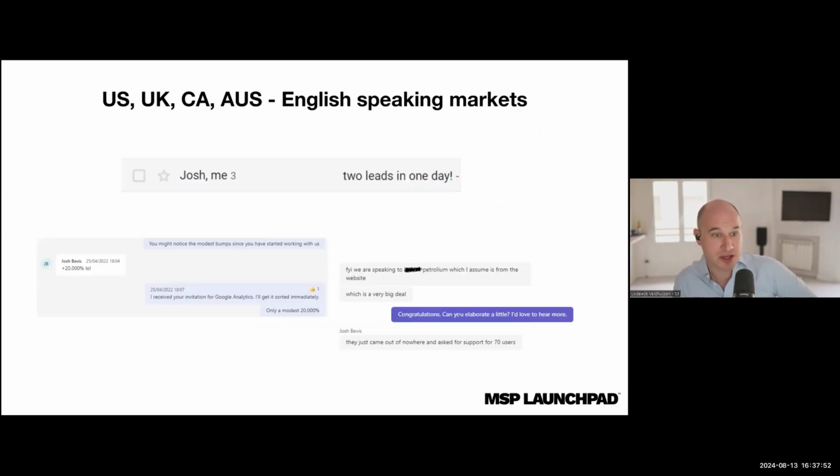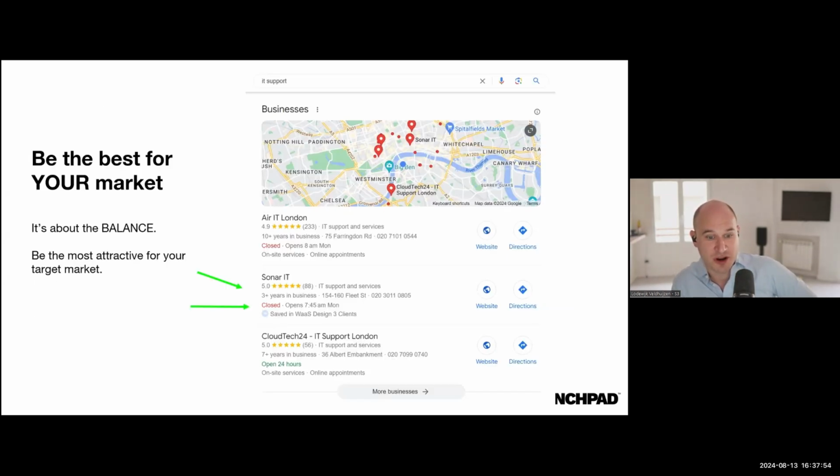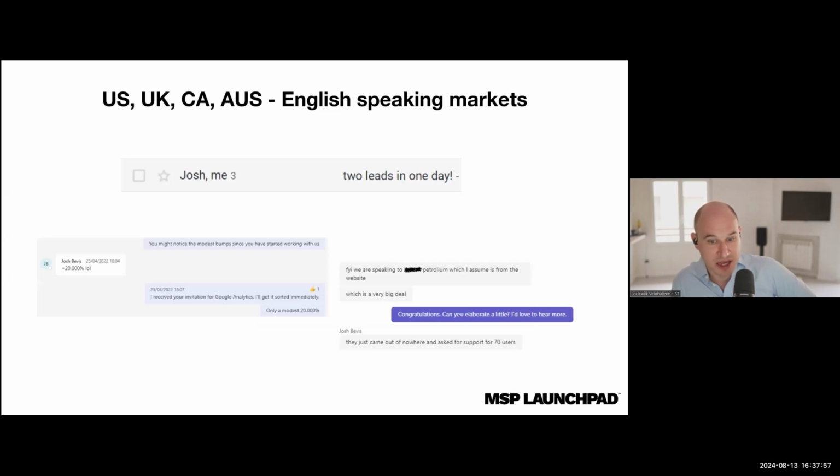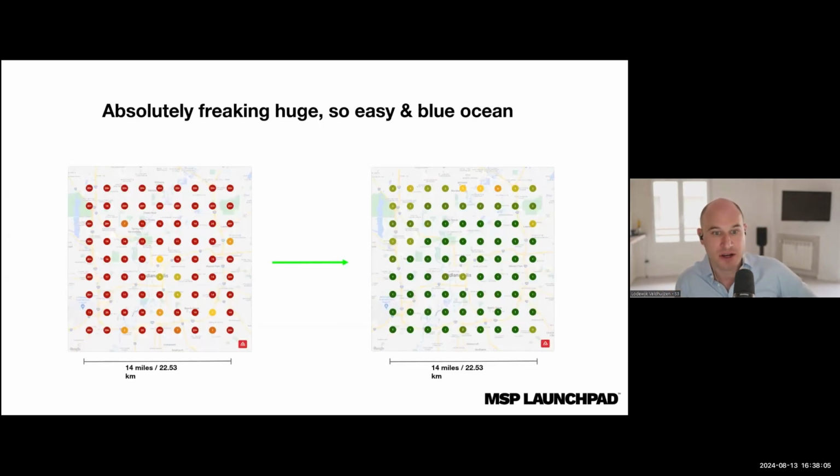And so Josh, this guy at Sonar IT: 2 leads in 1 day, speaking with petroleum companies, 70 users, plus 20,000% traffic. It works. So start there. And this is where it gets a little more complex, because restaurants probably aren't visible across the entirety of 14 miles, 22 kilometers.